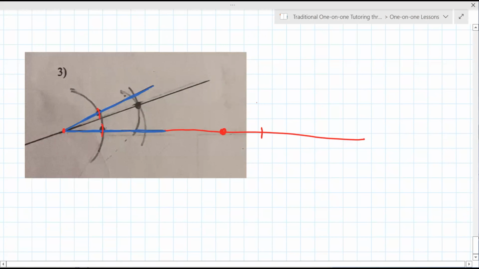So you'd have an arc and an arc, and you go back to this point and you swing another little arc, and then you connect those, and you'd have a copy of that. Okay, got it.